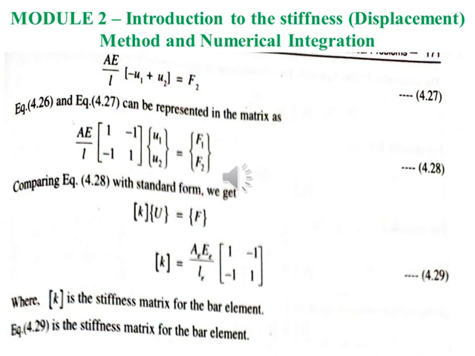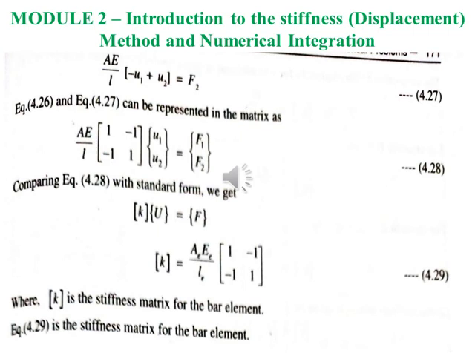So here you can see that using two different methods, the concept of potential energy and the direct method, we have proven that the stiffness matrix for a bar element is equal to AE by L into [1 minus 1; minus 1 1], where A is the cross sectional area of the element, E is the modulus of elasticity, and L is the length of the element.